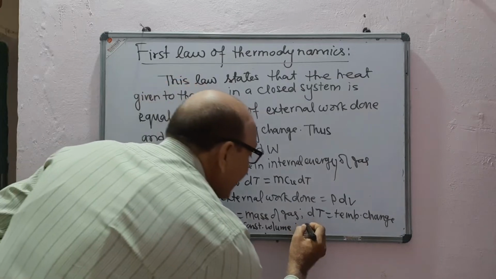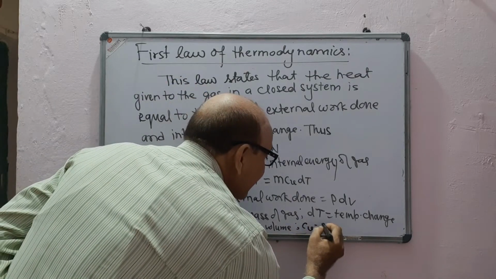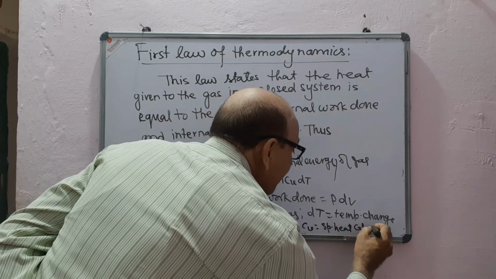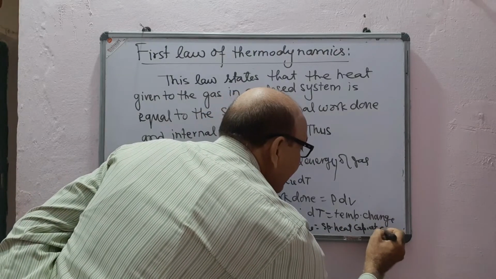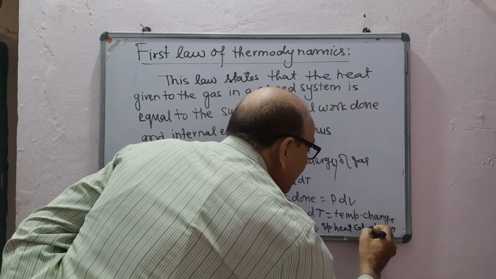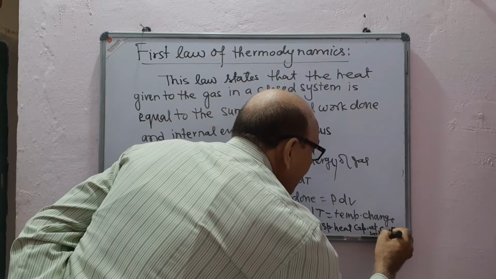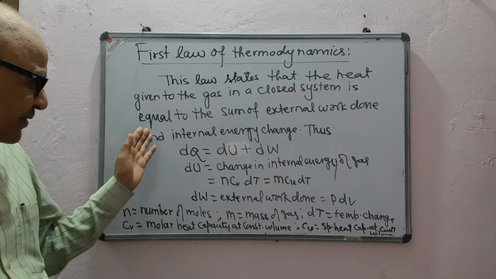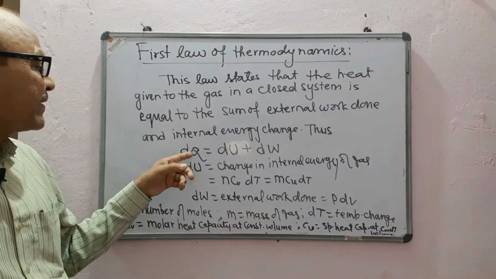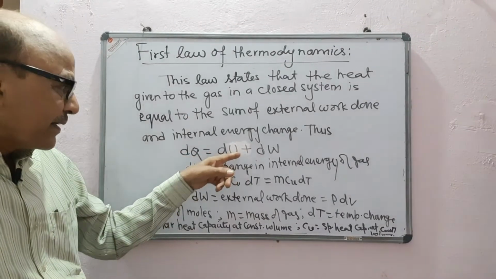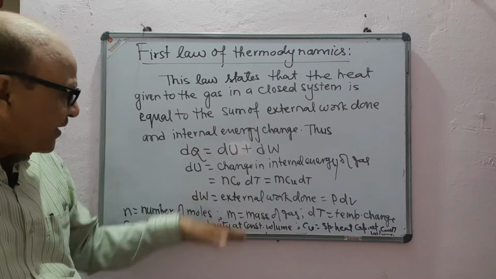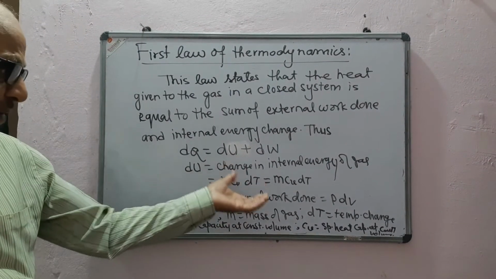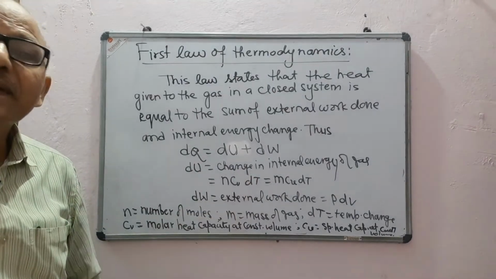Similarly, small cv is specific heat capacity at constant volume. Thus, according to first law of thermodynamics, dQ is equal to dU plus dW, where dU and dW are given according to these relations.